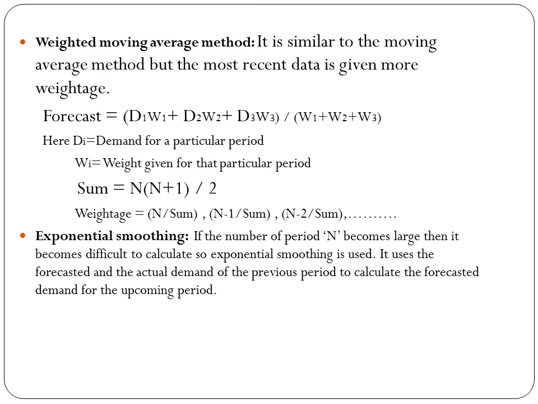So exponential smoothing is used. It uses the forecasted and the actual demand of the previous period to calculate the forecasted demand for the upcoming period. Through this line, it is just meant to say that if we know the demand and forecasted demand of April, then we will be able to calculate the forecasted demand of May. That is the technique used here.